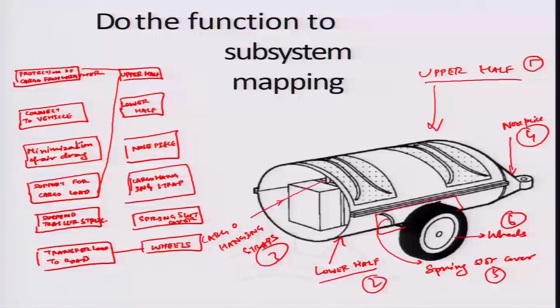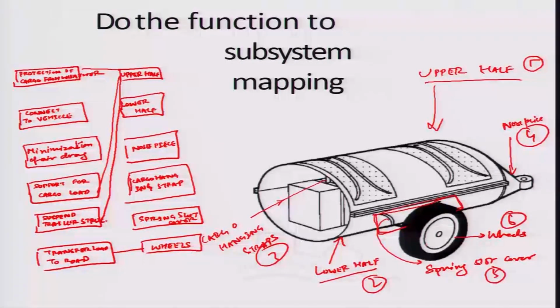And also, in a manner, the upper half also suspends the trailer structure. This suspension, as you can see in this particular zone, is connected so that the joint between the upper half and lower half is connected to the suspension. So, it is actually performing more than one function.